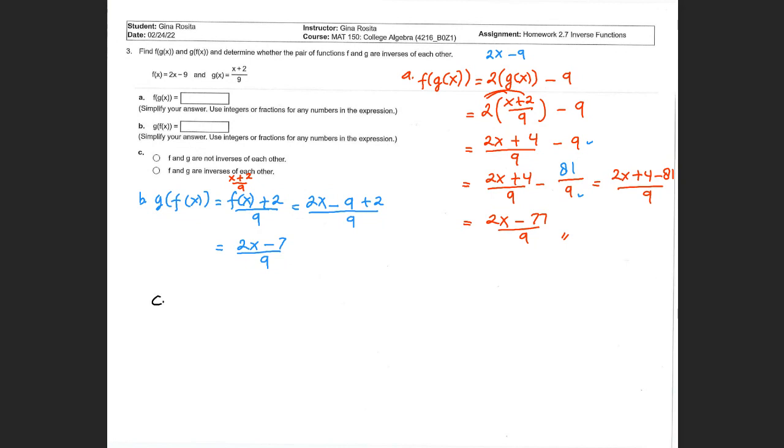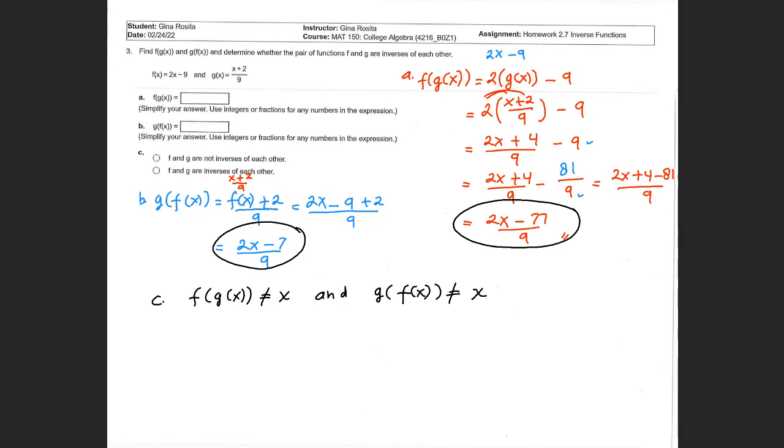Since f of g of x is not equal to x, because the answer is 2x minus 77 over 9, and g of f of x is not equal to x. Look, this is 2x minus 7 over 9. It's not equal.